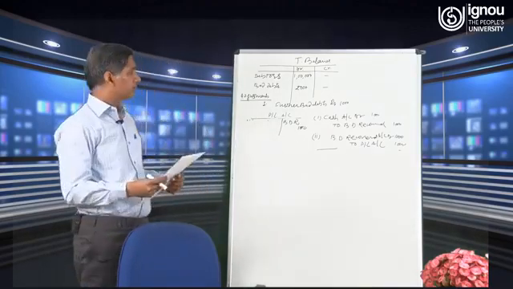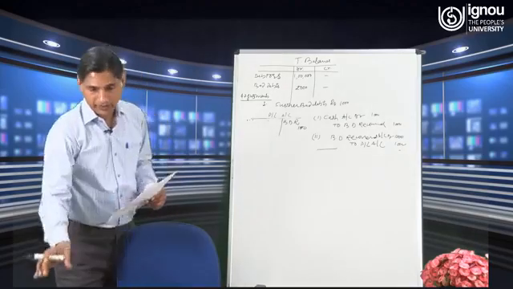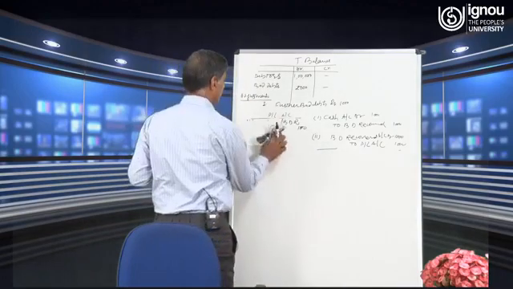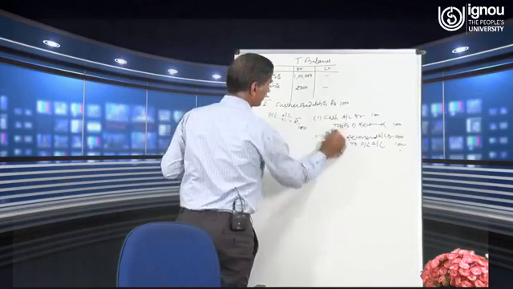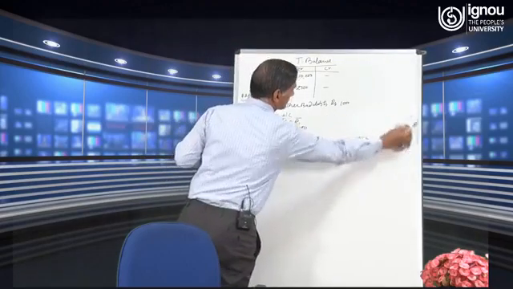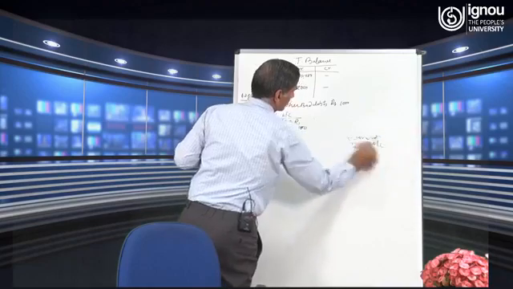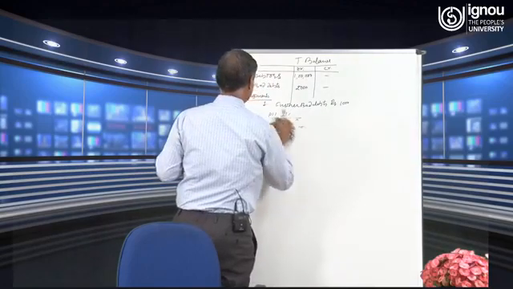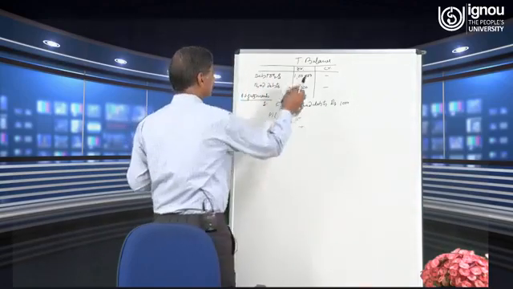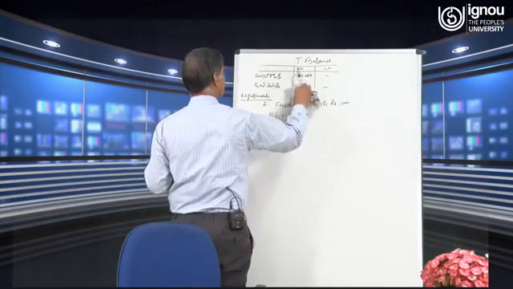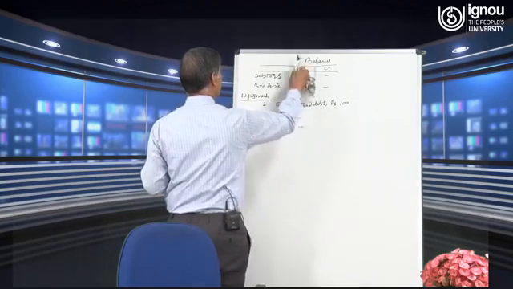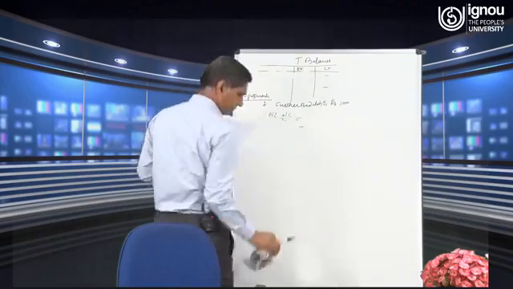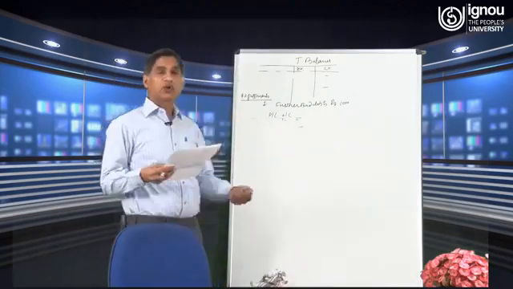Then the next one is provision for doubtful debts. See, provision for doubtful debts.